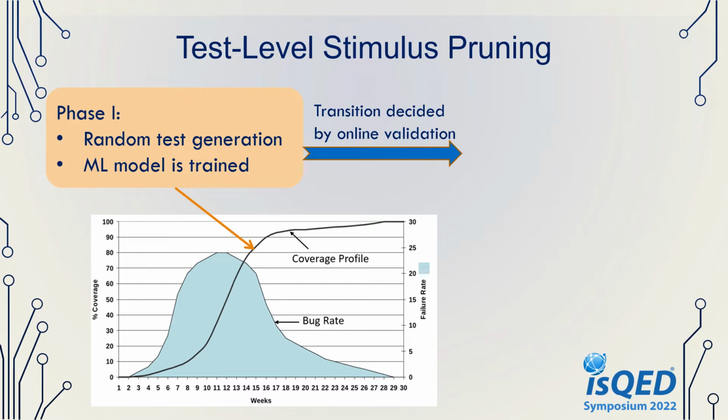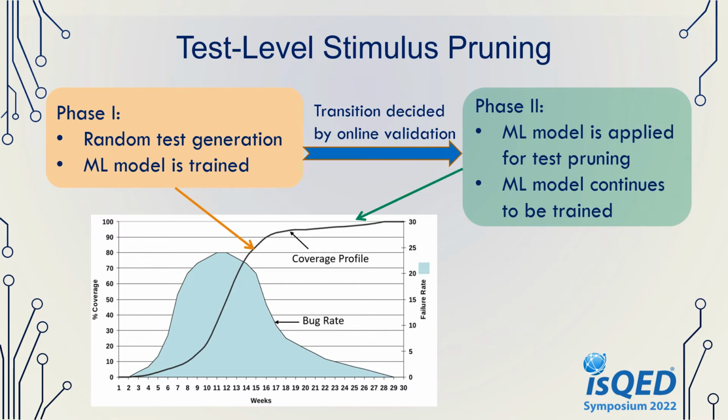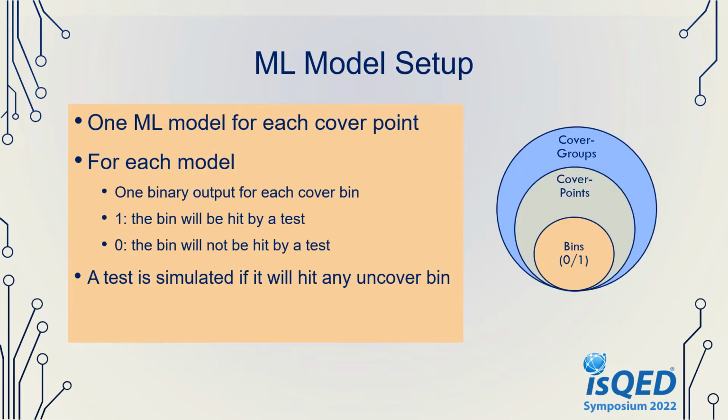To a certain point, typically this bend or knee point, we start to apply this machine learning model and then try to prune out those stimulus which do not help to improve the coverage. Then we can reduce the simulation time. And in this phase, besides applying this machine learning model for pruning, we can continue to train this model.